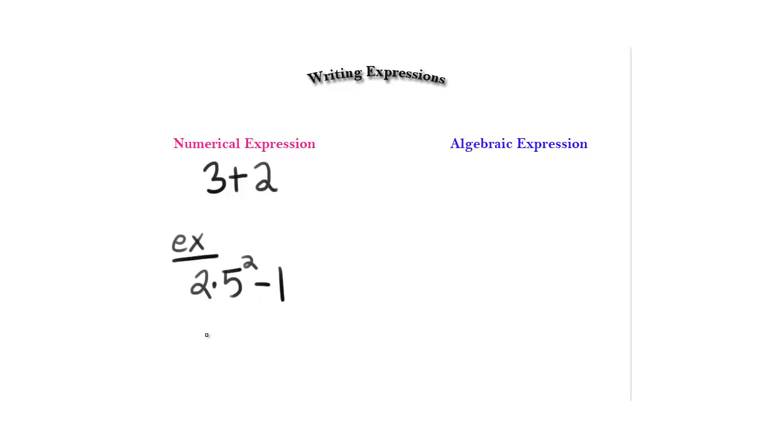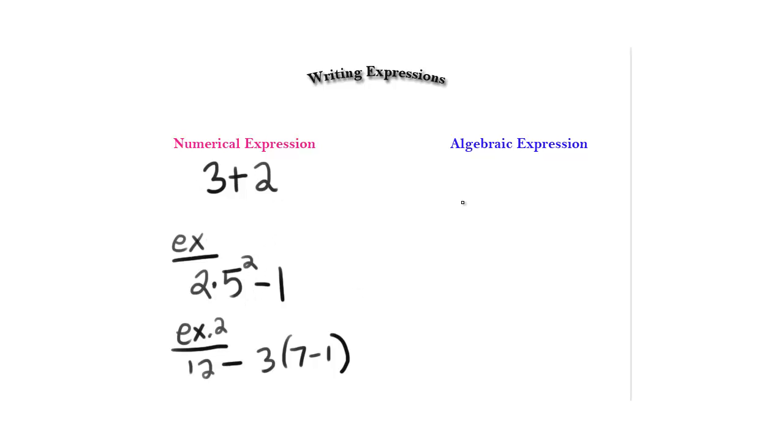That's another example of a numerical expression. Or you can have something like this, 12 minus 3, 7 minus 1. So all of these are examples of numerical expressions.